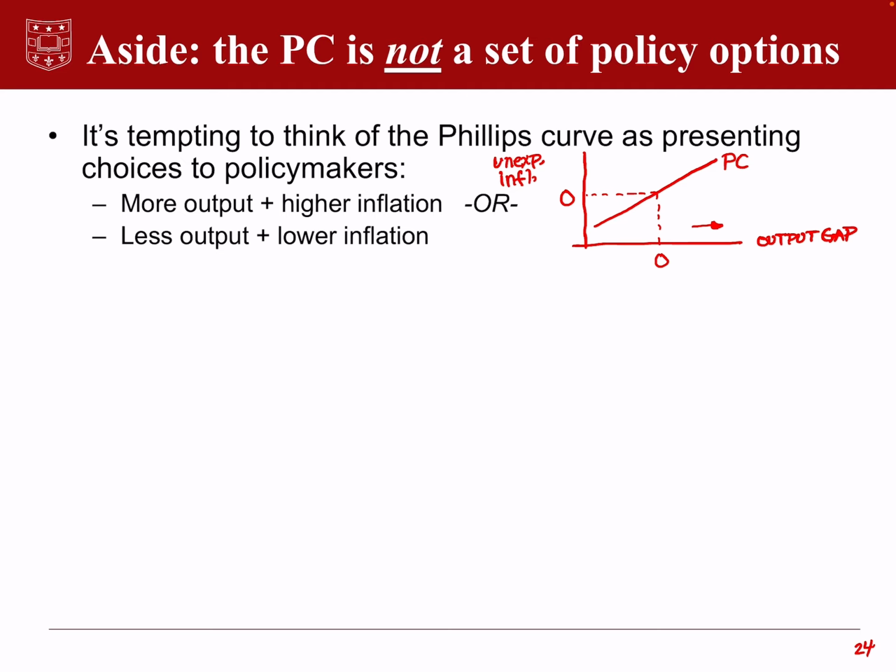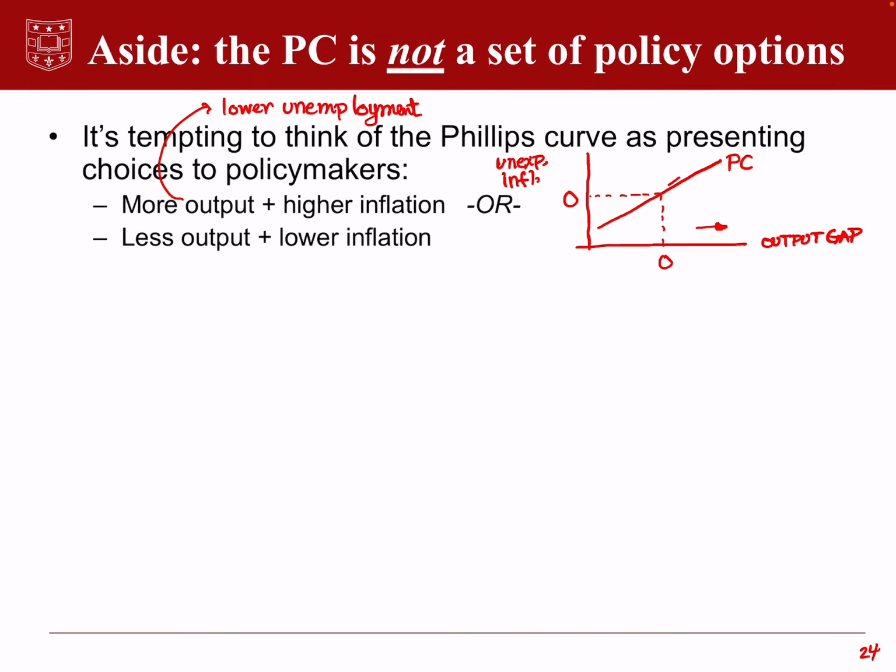And the sense in which that would be good is that if we have more output, then we have lower unemployment, higher incomes potentially, and good things that come along with that. And what's the price, if you will, in quotation marks, that we have to pay? Well, higher inflation, right? We'd have more unexpected inflation. We'd kind of slide along the Phillips curve like that. Or instead, what we could do is have less output and lower inflation. That's what the Phillips curve seems to suggest.